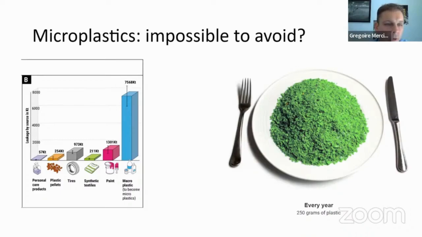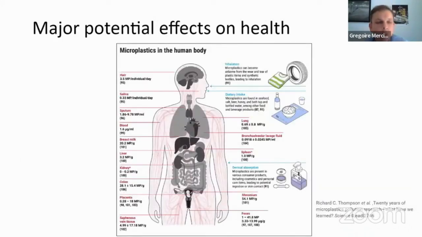But then we also see that paints, for instance, and also tires are very important sources of microplastics. Just to say that they tend to come from a various number of sources, and they tend to be disseminated across the environment.